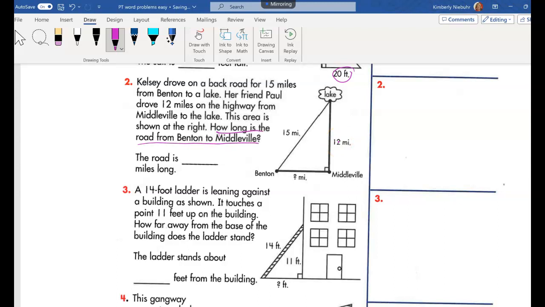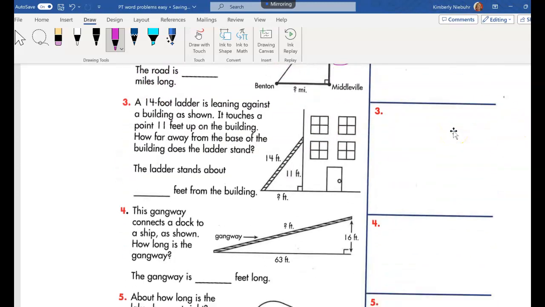I just underlined the question, and we're circling the numbers. Okay, the longest side is C, and you need to decide which leg is A and which is B. The road is blank miles long. Show your work over here.